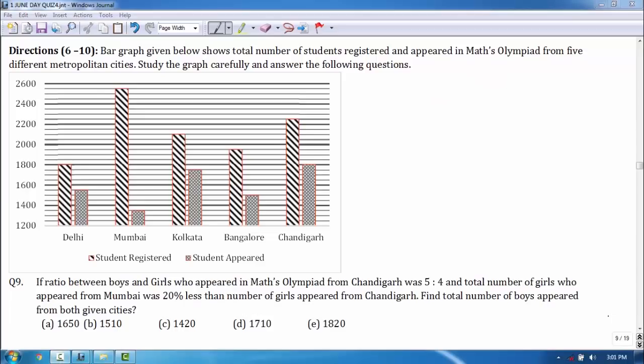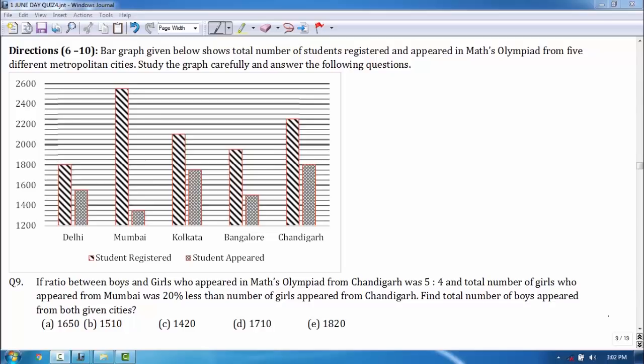If the ratio between boys and girls who appeared in Maths Olympiad from Chandigarh was 5:4 and total number of girls who appeared from Mumbai was 20% less than the number of girls who appeared from Chandigarh, then we have to find the total number of boys who appeared from both the given cities.